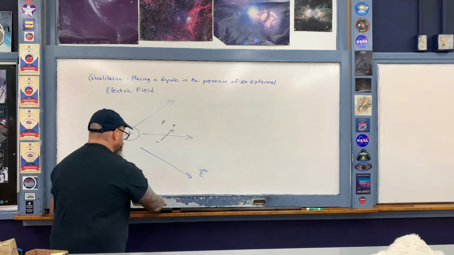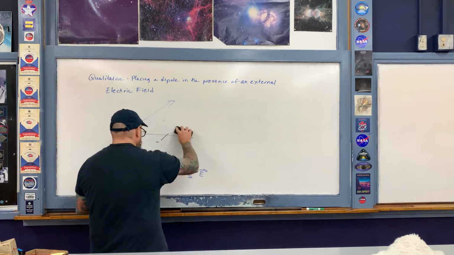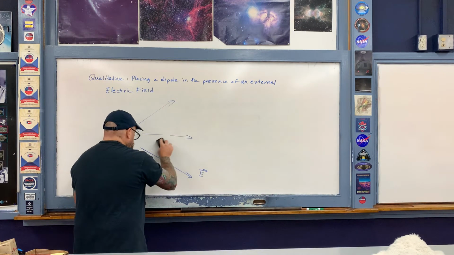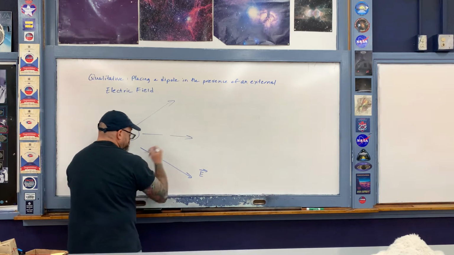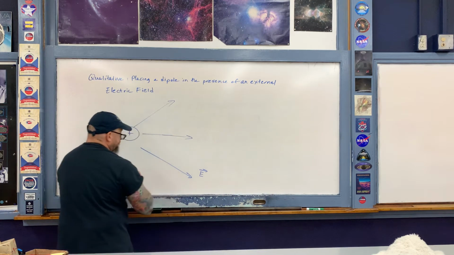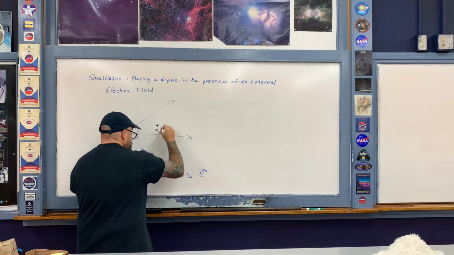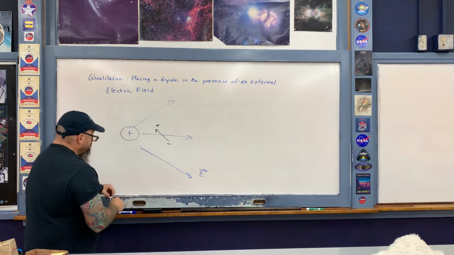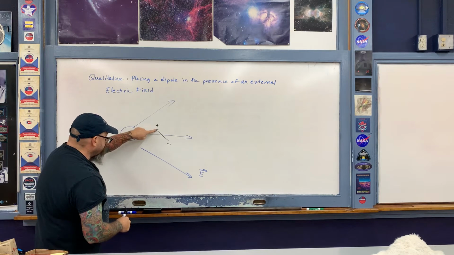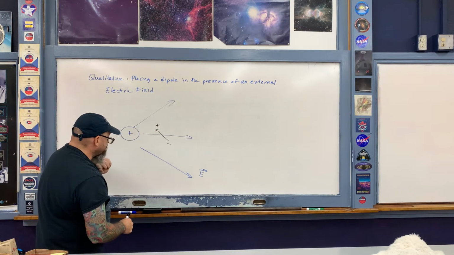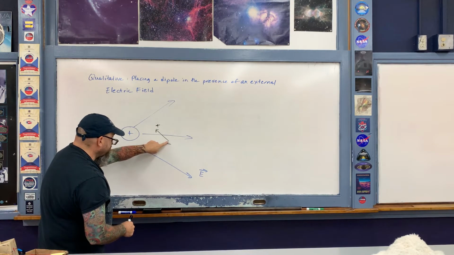For example, let me redraw this. Now let me take the dipole and place it like this. So here's the positive side, here's the negative side. Therefore there's going to be a force of repulsion exerted upon the positive side of the dipole, and a force of attraction on the negative side.